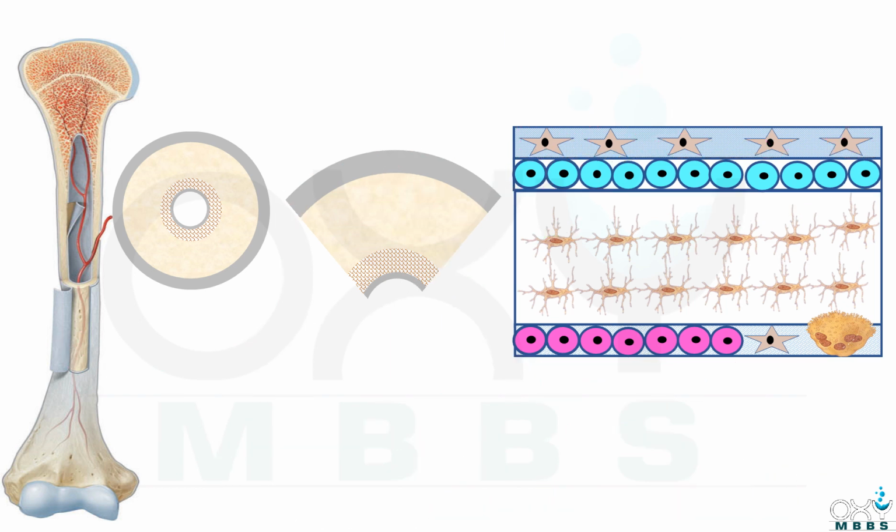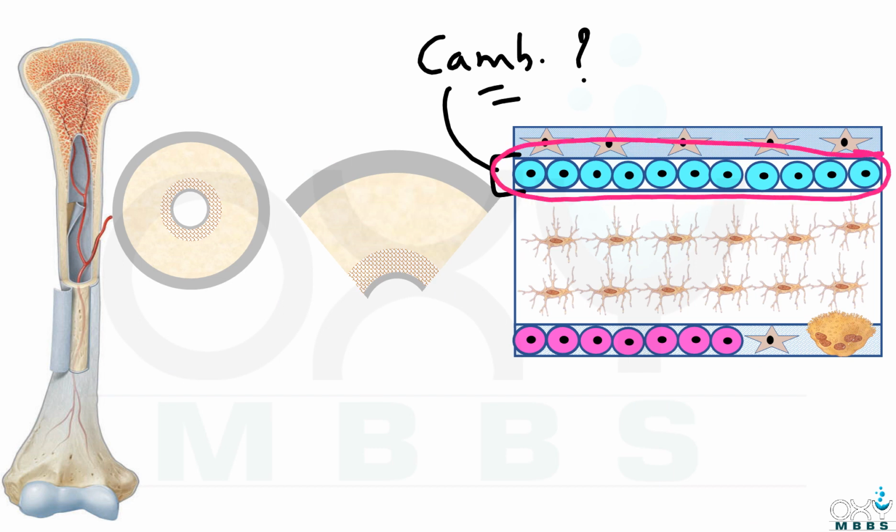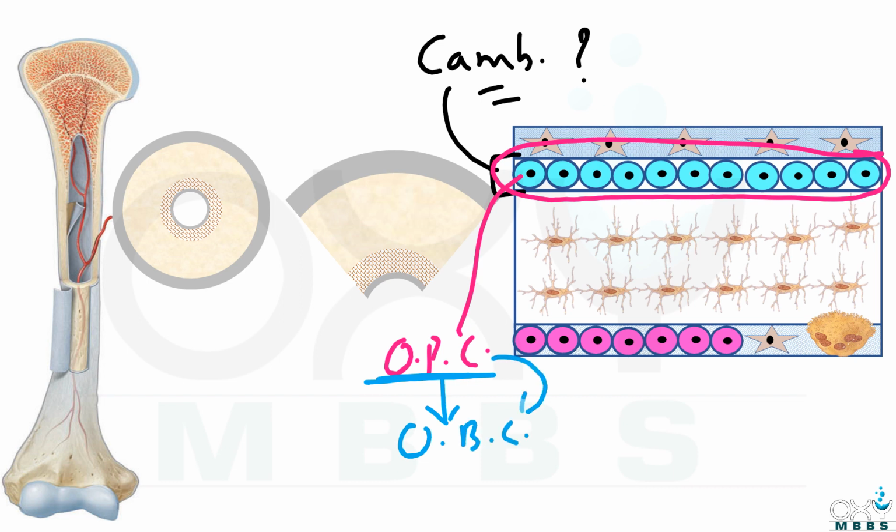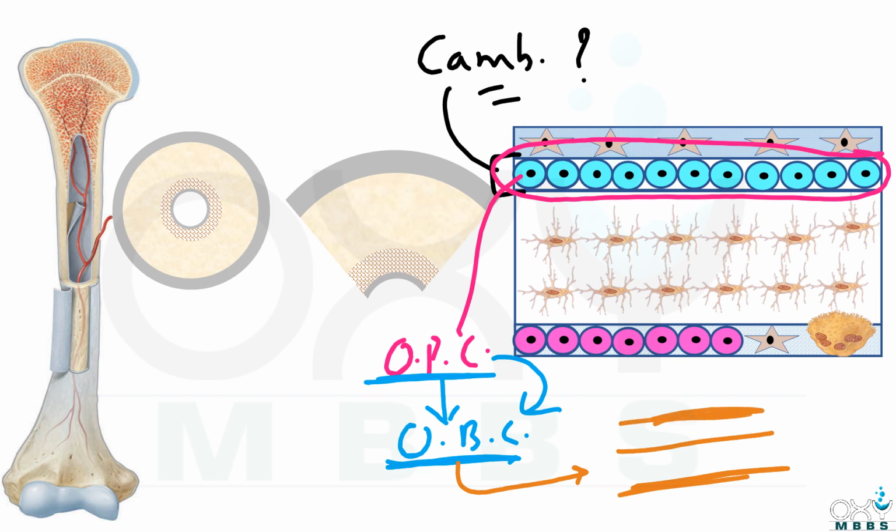Now you will have a question in your mind: why is this inner layer of the periosteum called the cambium layer? So it is very simple, friends. As this layer contains which cells? It contains osteoprogenitor cells, and these osteoprogenitor cells differentiate into osteoblast cells, and these osteoblast cells first secrete collagen fibers, and then help in the deposition of minerals within these collagen fibers.